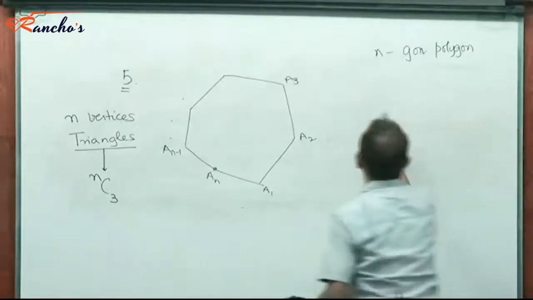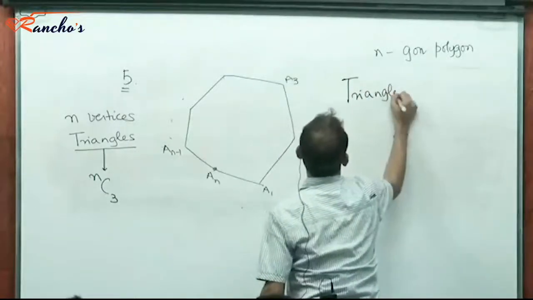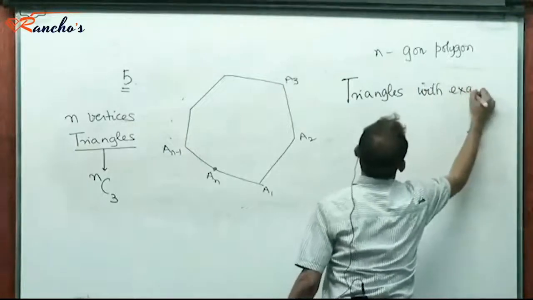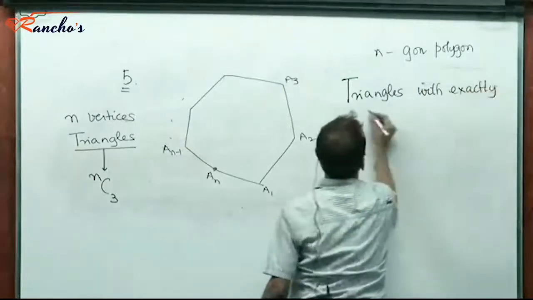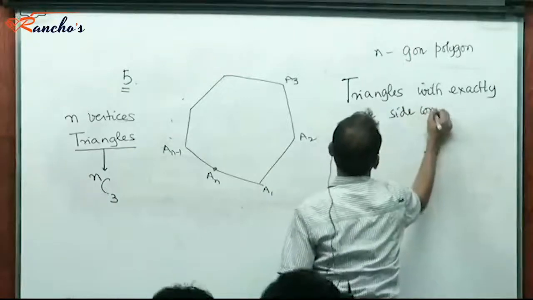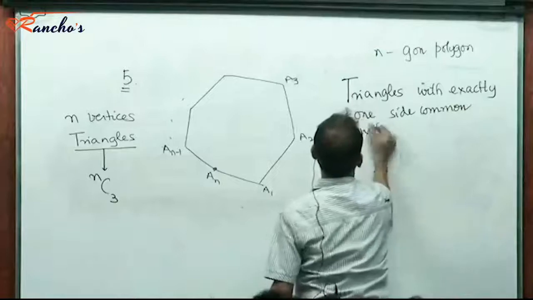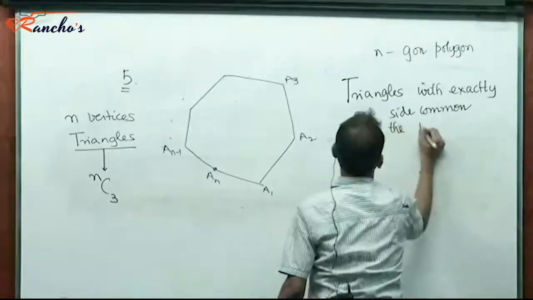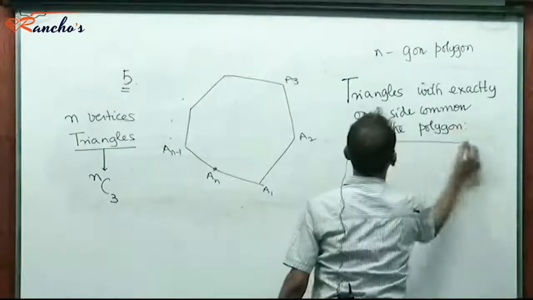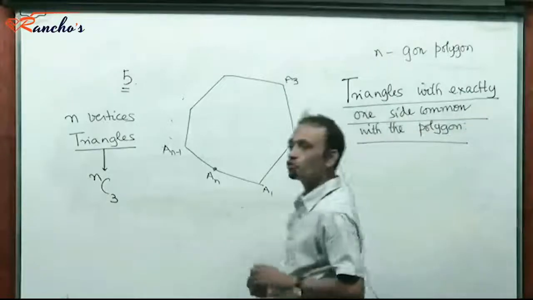So, triangles with exactly 1 side common with the polygon. Let me find out the total number of triangles with exactly 1 side common with the polygon.